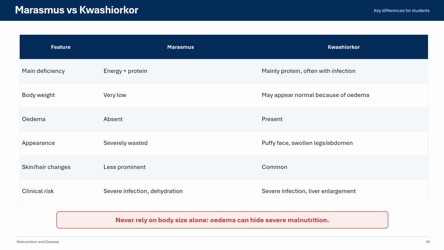The other features include body weight, presence or absence of edema, appearance, skin changes, and clinical risk. That is why it is advisable to never rely on body size alone, because edema can hide severe form of malnutrition.